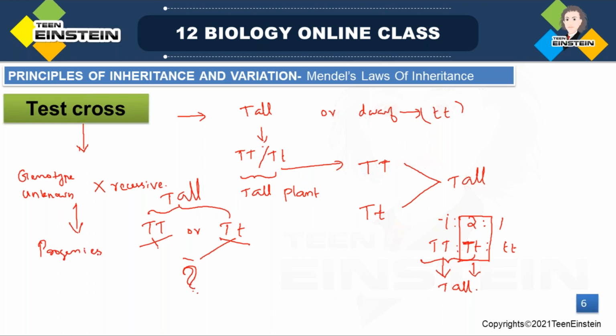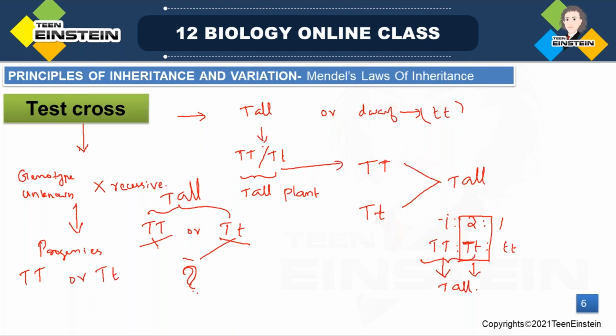From the nature of this progenies, we can make out whether the organism is in homozygous or heterozygous condition. From the appearance of that progenies, we can make out whether it is in a homozygous condition or in a heterozygous condition. Okay. So what Mendel did in test cross, that unknown genotype, which is expressed as a dominant character. The genotype is unknown.